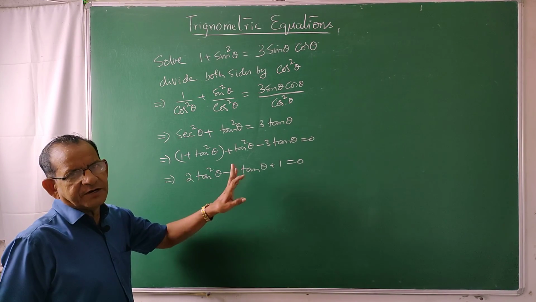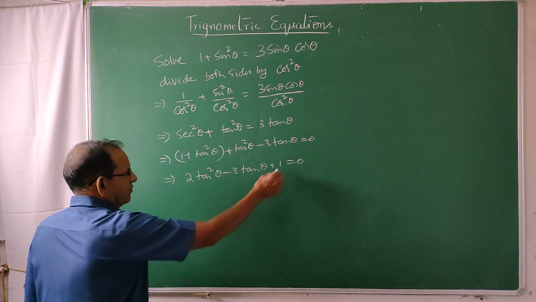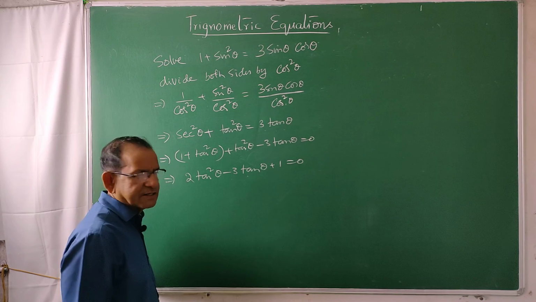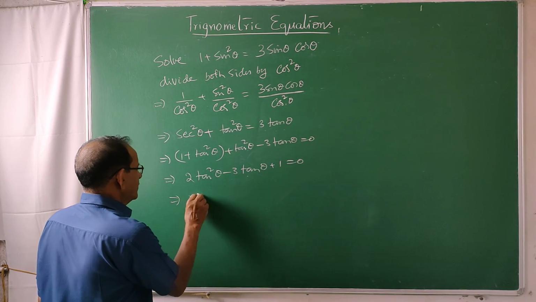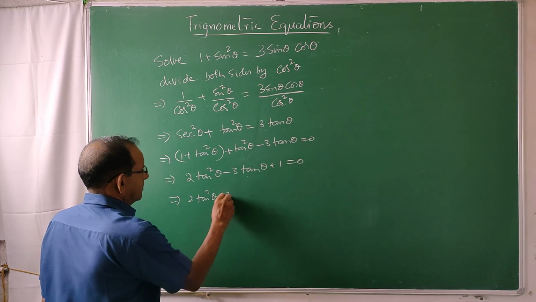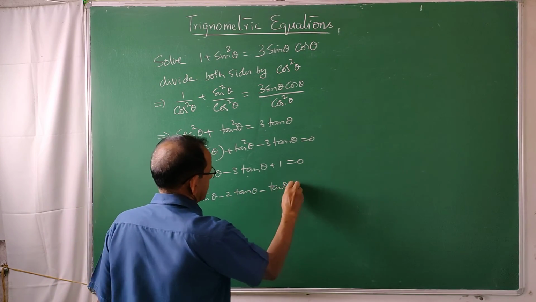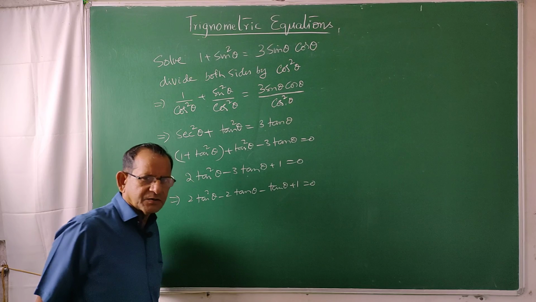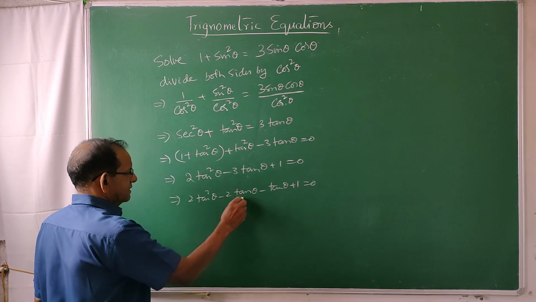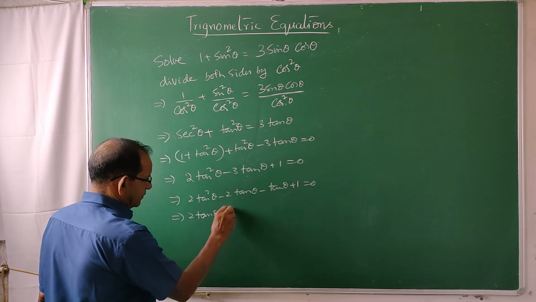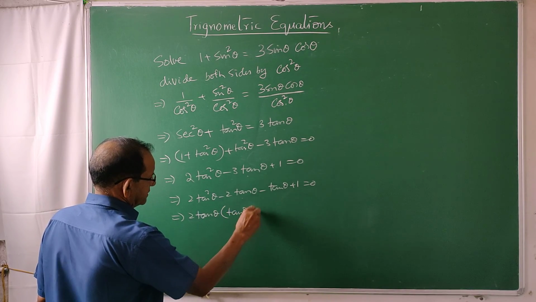Let us split the middle term to get the factors. 1 into 2. You can write this 3 tan theta as minus 2 tan theta minus tan theta. 2 tan square theta minus 2 tan theta minus tan theta plus 1 equal to 0. Now let us take 2 tan theta common: 2 tan theta into tan theta minus 1.